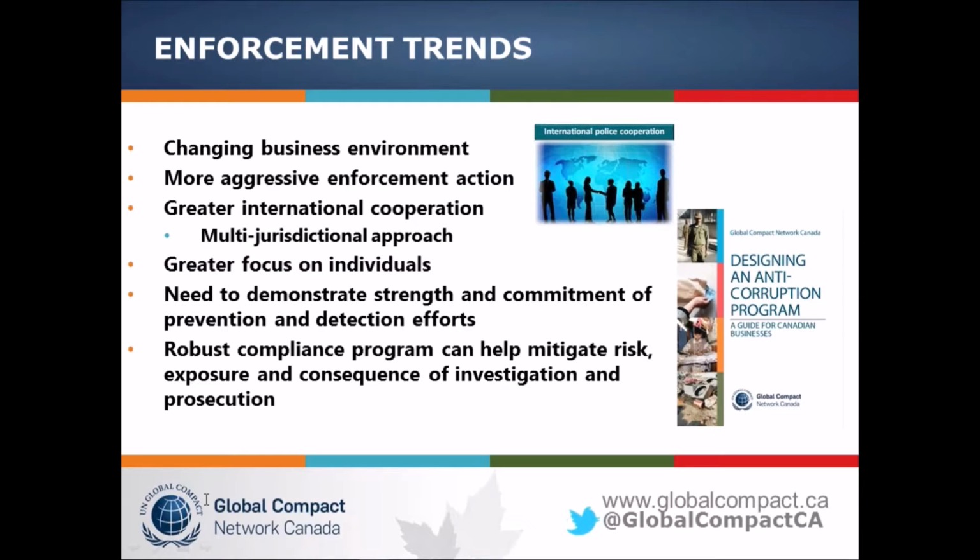There is the International Foreign Bribery Task Force, which includes the US, the UK, Australia, and us. And we also work with other jurisdictions. But this is to say that it is much easier for us to investigate these things because of the easy cooperation with other enforcement agencies. So it's harder to hide those types of activities.